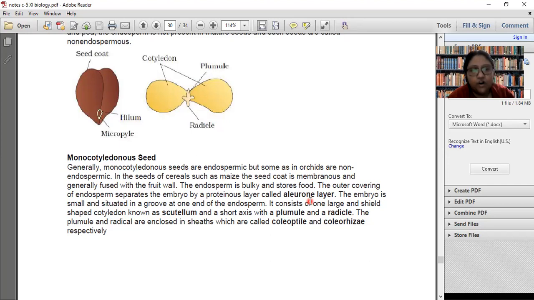The covering of the radicle is called coleorhiza, and the covering of the plumule is called coleoptile. These are extra coverings which are present in case of monocot seed.